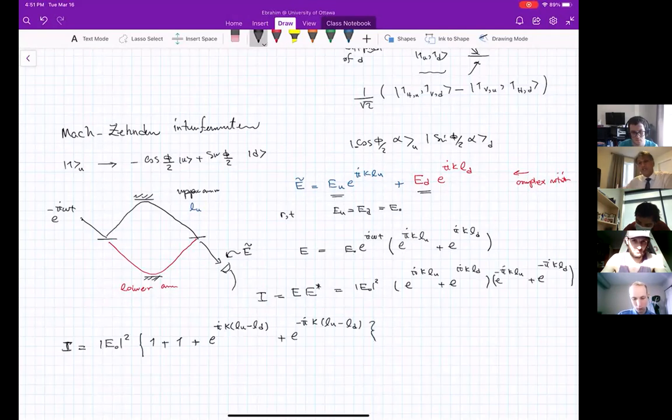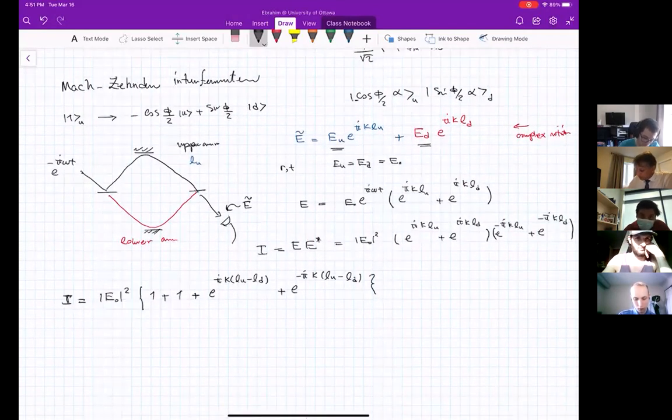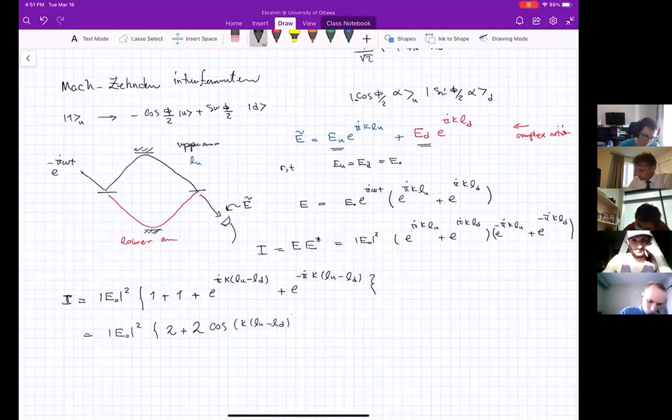I'm sure that many of you have seen this equation previously, but its review is okay. So this expression can be simplified further. You will get E0 squared times 2 plus 2 cosine of k (L u minus L d).